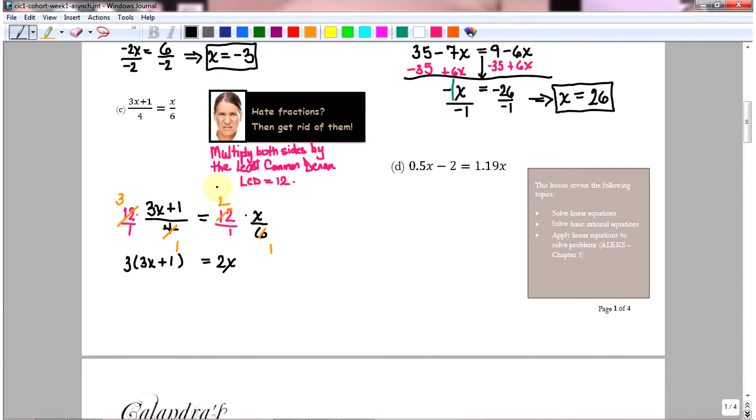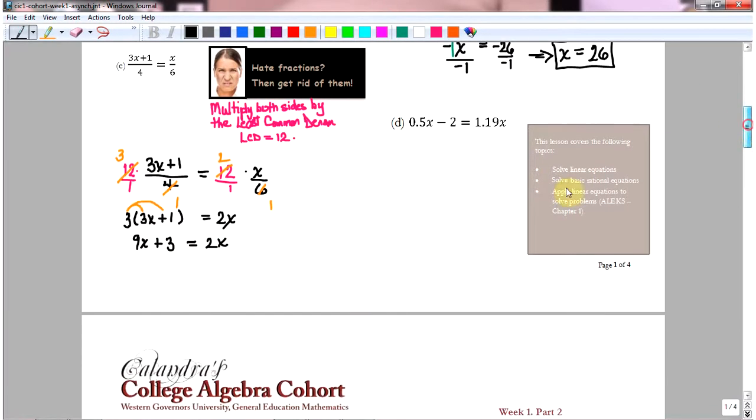Now that we have our parentheses, we need to use the distributive property and multiply the 3 times everything in the parentheses. So we have 9x plus 3 is equal to 2x. To get my variables together, the quickest way would be to move all of my variables to the right side, so that way my number will be isolated. So I'm going to subtract 9x from both sides.